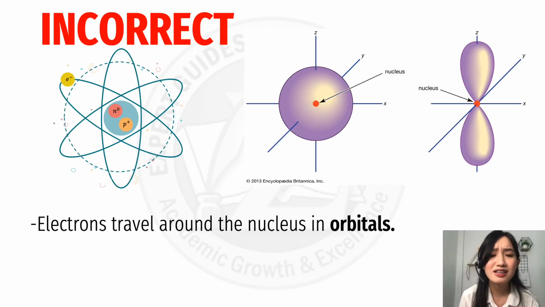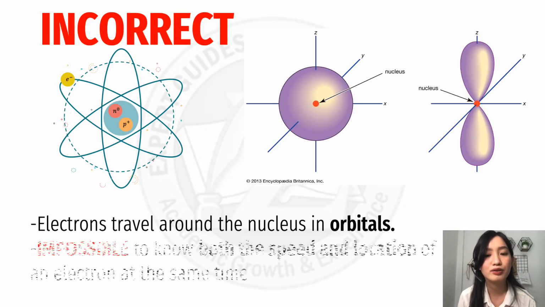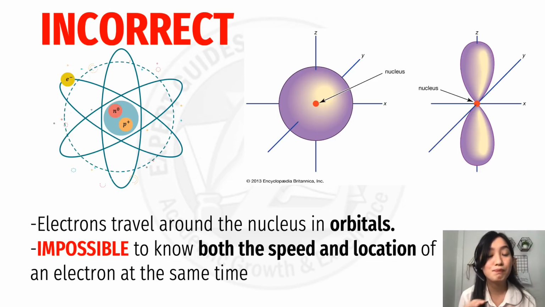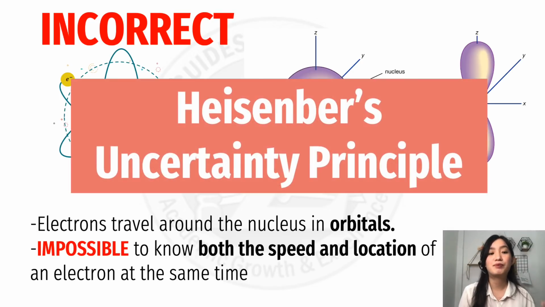We are still not sure, since it is impossible to know both the speed and the location of an electron at the same time. This phenomenon is known as Heisenberg's uncertainty principle and is a famous result of quantum mechanics. So technically, we cannot predict the location and the speed of an electron.